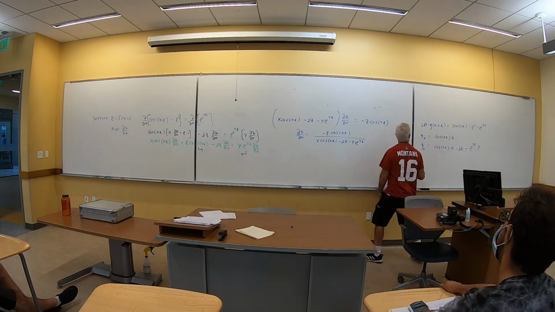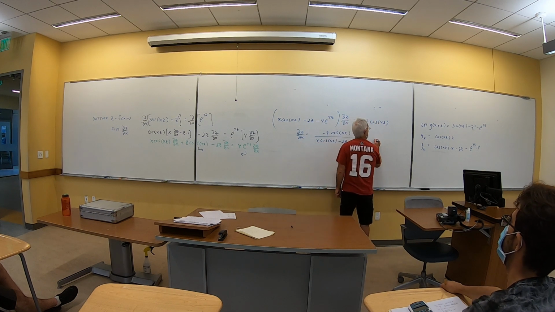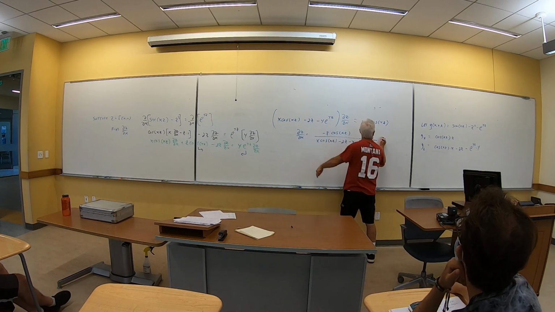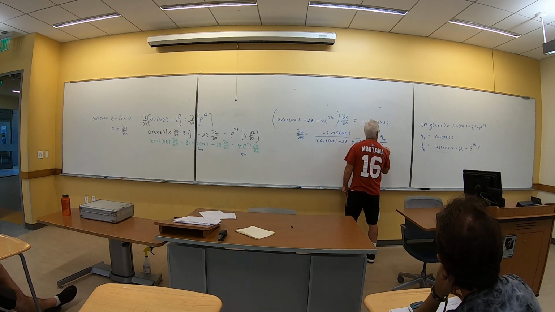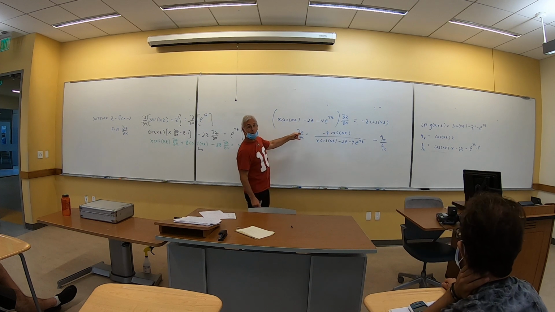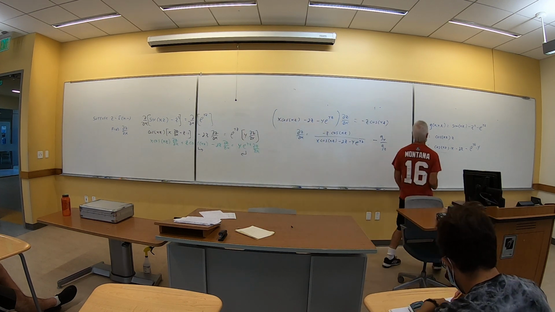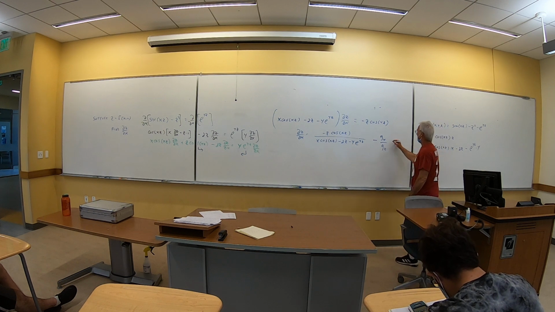So, I would like you to find negative what? Gx over gz. Using the exact same rule we did before. Flip those, put a negative sign. So what's the negative of gx over gz?